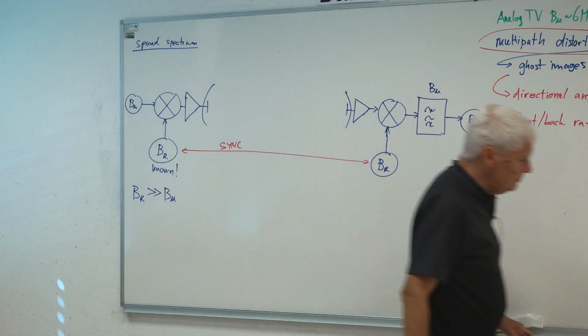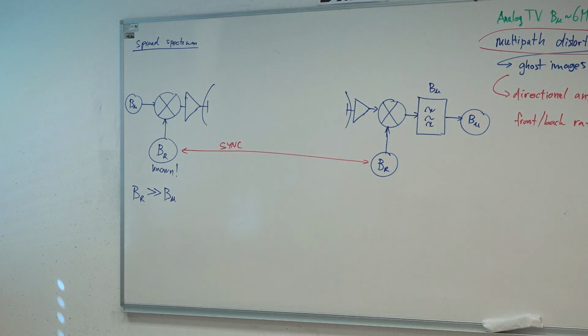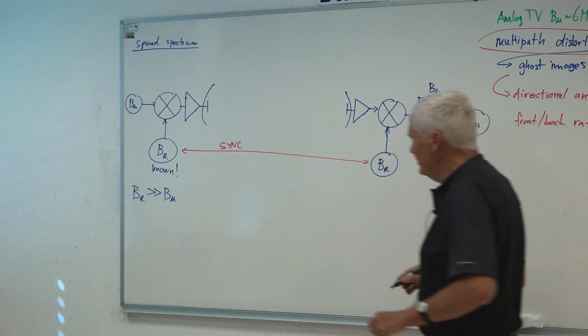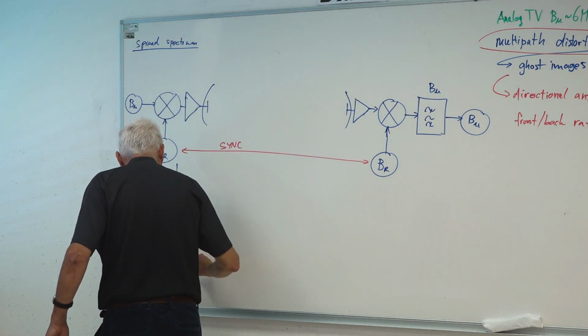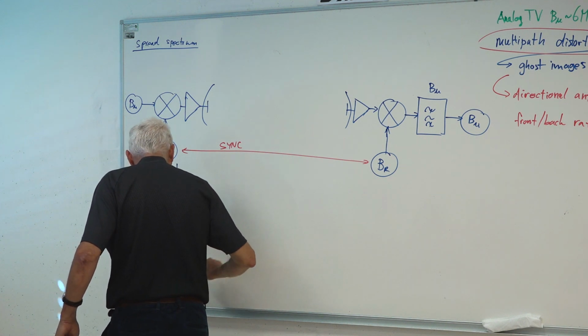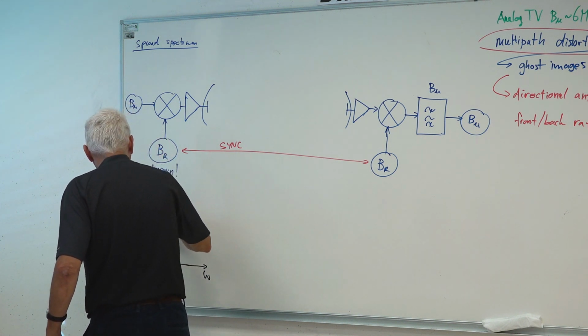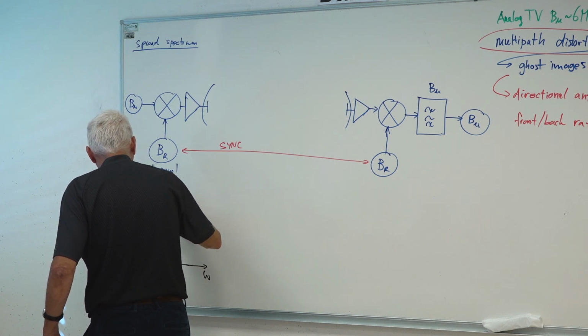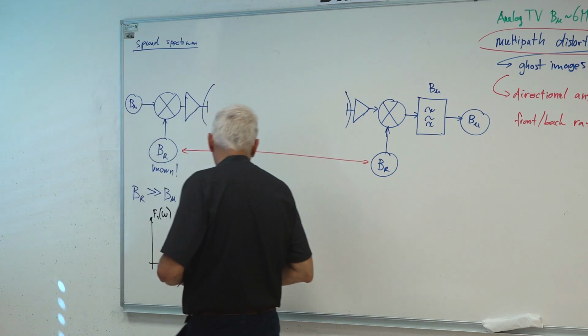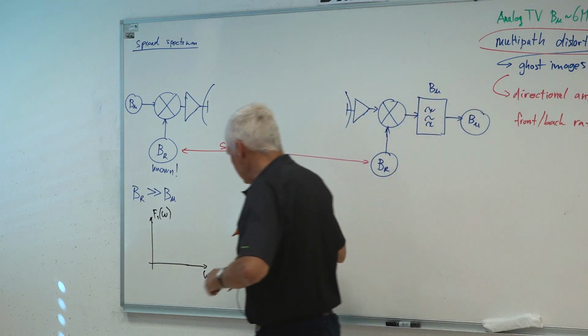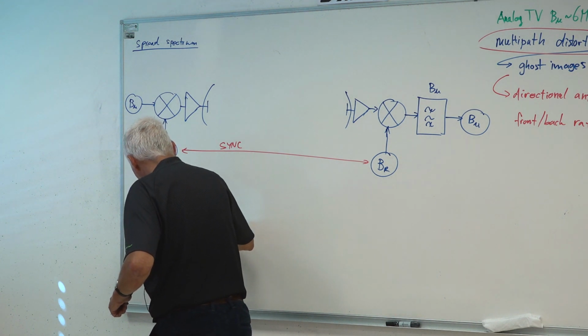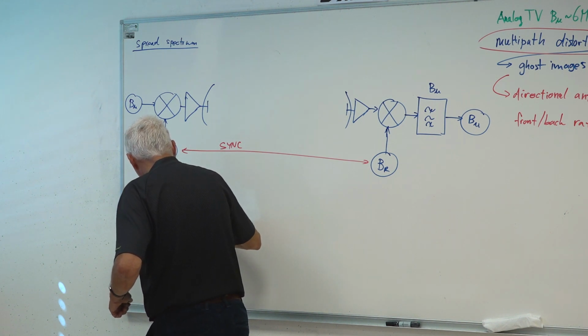And what do we get out of this signal? I will try to plot the spectra right now to see what we are starting with. If this is omega, this is f1 of omega, at the beginning of the chain we only have a quite narrow signal from the users, that has here 2 pi B user.